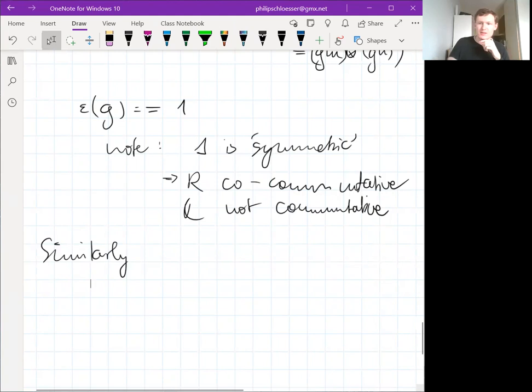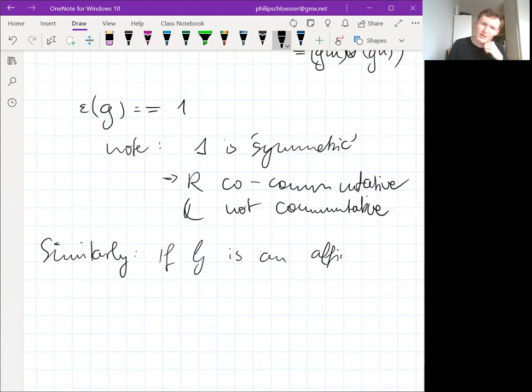A slightly different example is if G is an affine algebraic group. So for example, the general linear group or the special linear group or the orthogonal group or something like that.